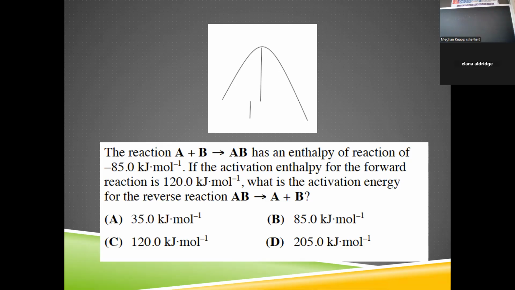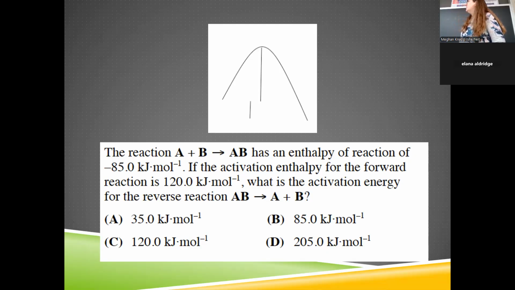H. So the enthalpy of reaction is negative 85. And so that's why we have a downhill reaction, because it's negative. If the activation enthalpy or activation energy for the forward reaction is 120 kilojoules per mole. Okay, so the top vertical line, that's 120. The bottom one is 85.